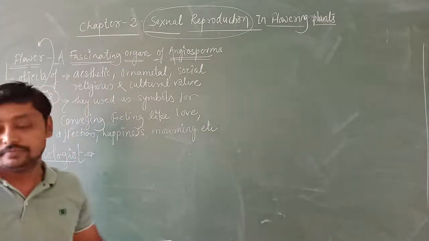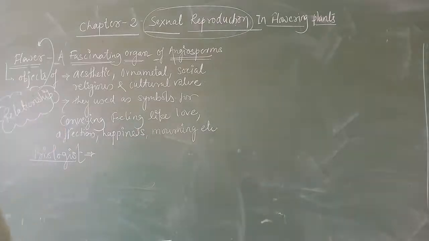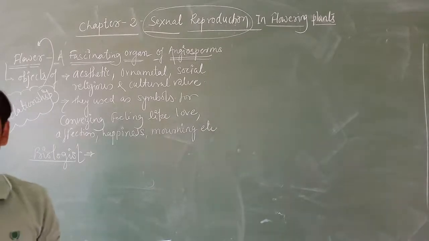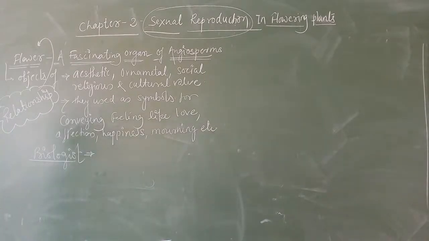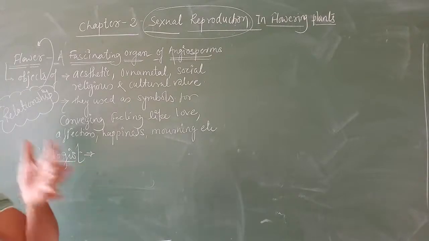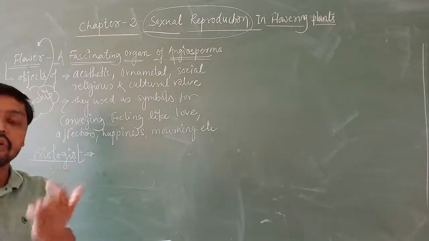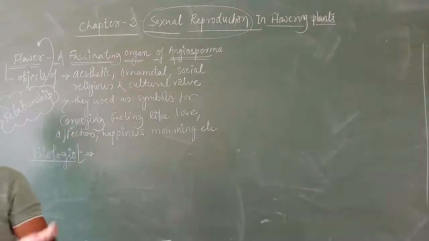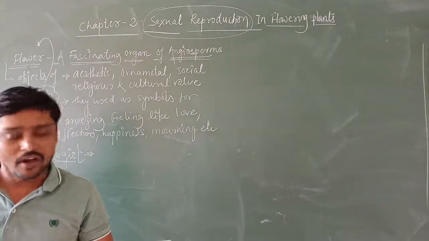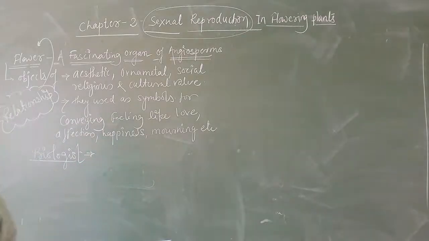Understood? Now again I go back to last year. In the first year we studied the morphology of flowering plants, what flowering plants are like, and the parts of a flower. So again I go to the important thing, the flower, which we call the LS of flower.